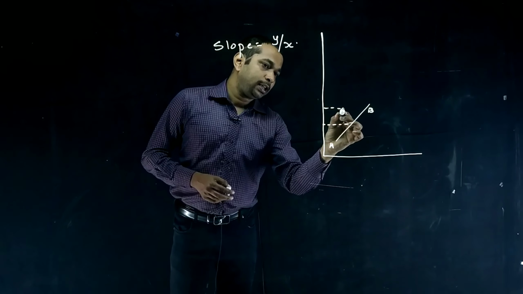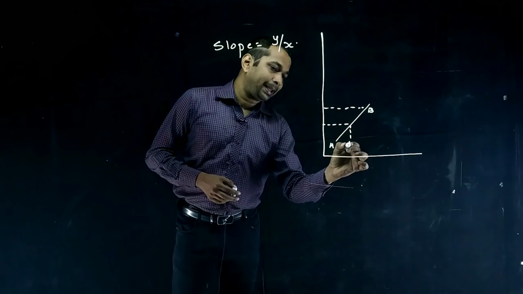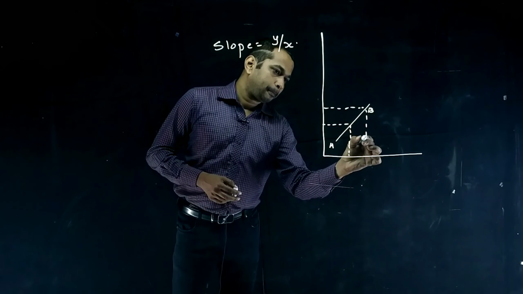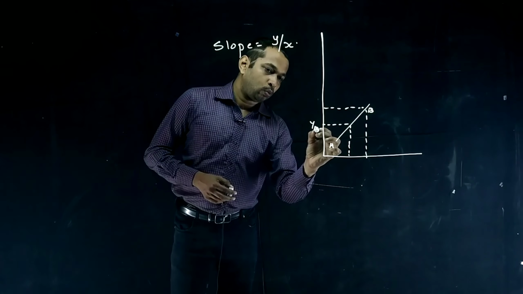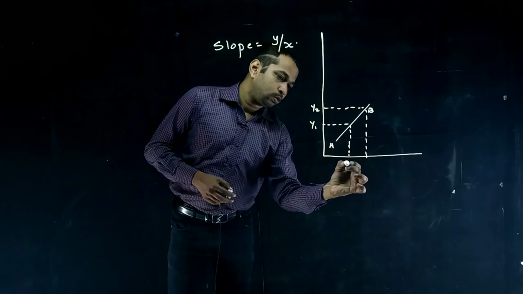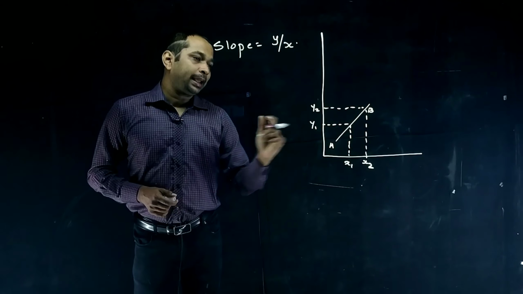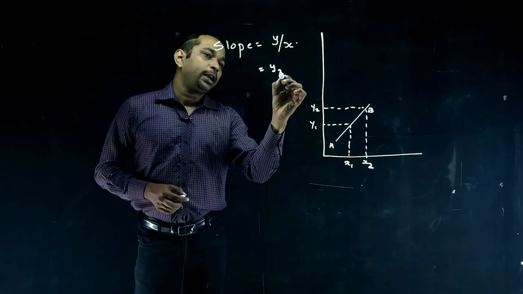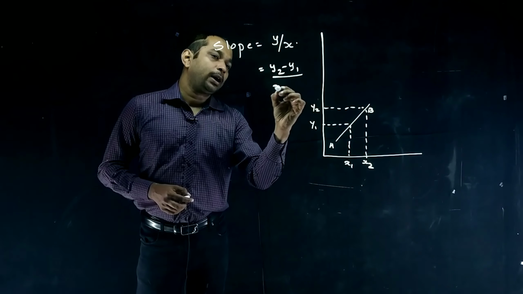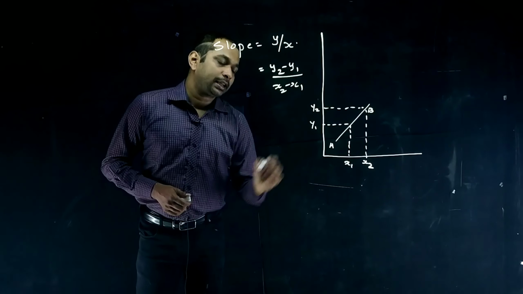So here the slope of the line AB, with points (x1, y1) and (x2, y2), you can take as y2 minus y1 divided by x2 minus x1.